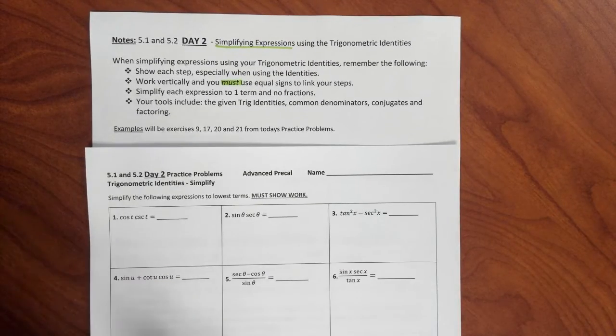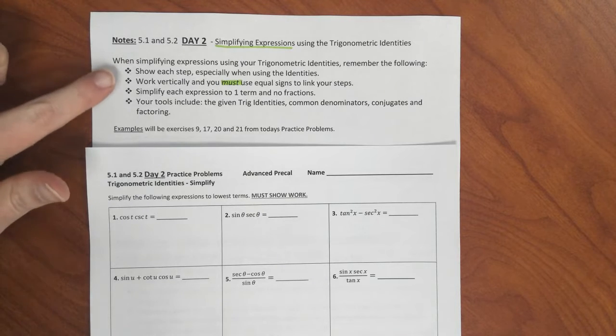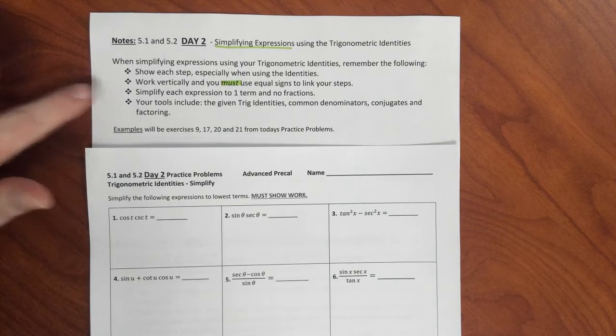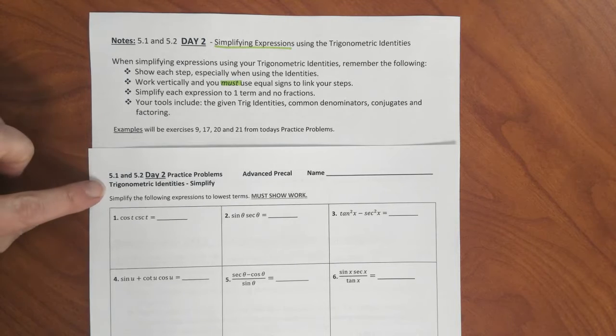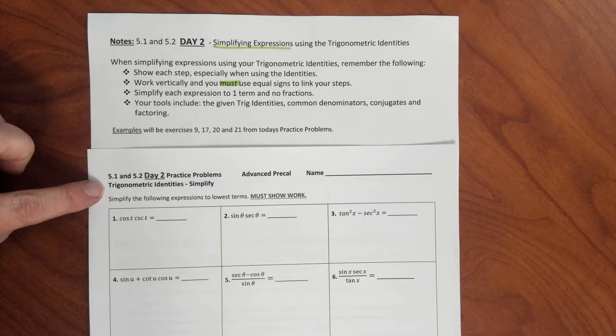When I do the video, it's going to be a little bit different. I want you to have these items in your notes, so you can take a picture of this or just copy those 4 bullets. But for the examples, I'm going to work 4 of your practice problems on the worksheet. If you don't have the worksheet yet or don't have it printed off, that's fine.